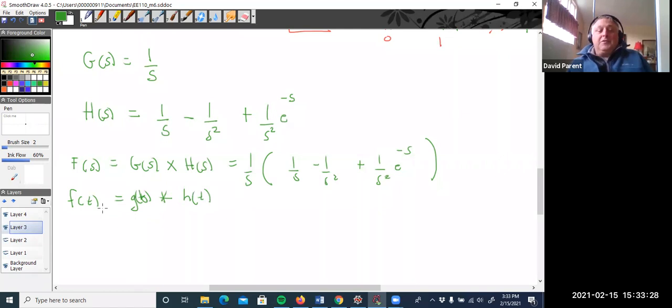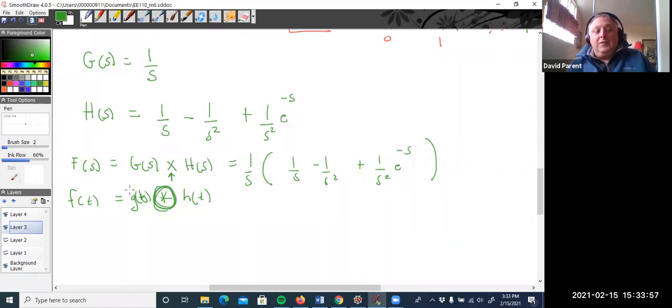f of t, the convolution of these two signals, is g lowercase, h lowercase, functions of t with the convolution symbol, right? But in Laplace, that convolution symbol is just replaced with multiply. So things that are calculus based, like integrals and derivatives, become algebraic things in the S plane, right?